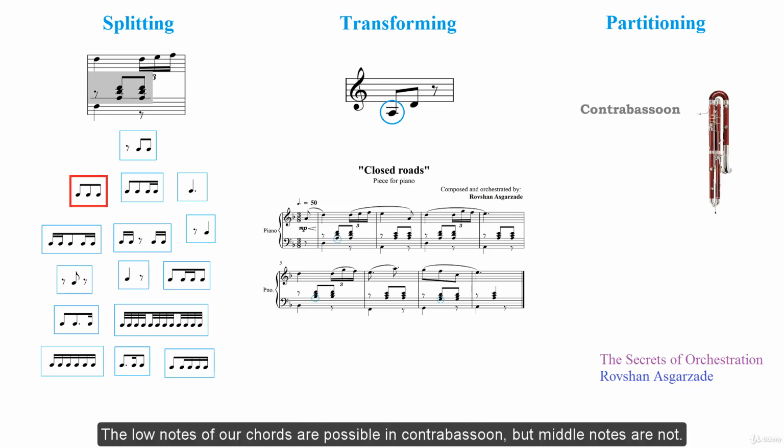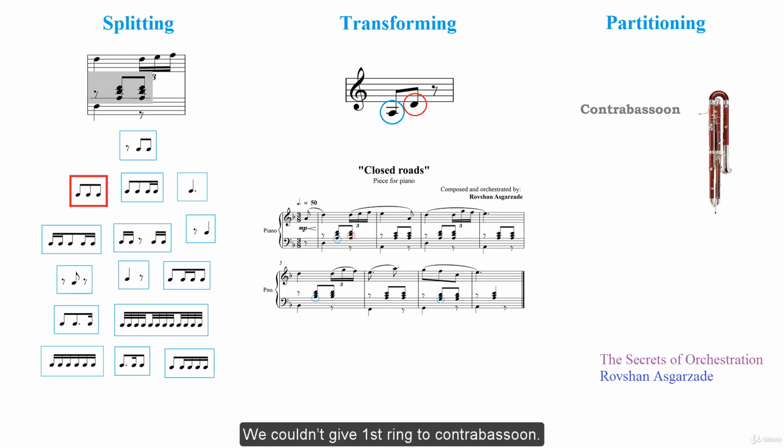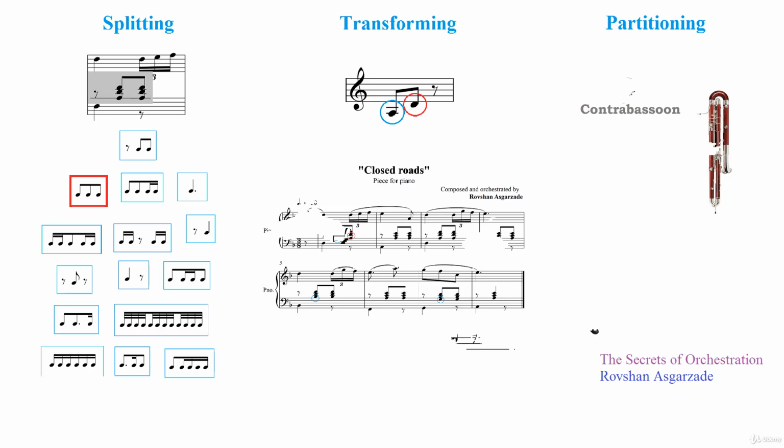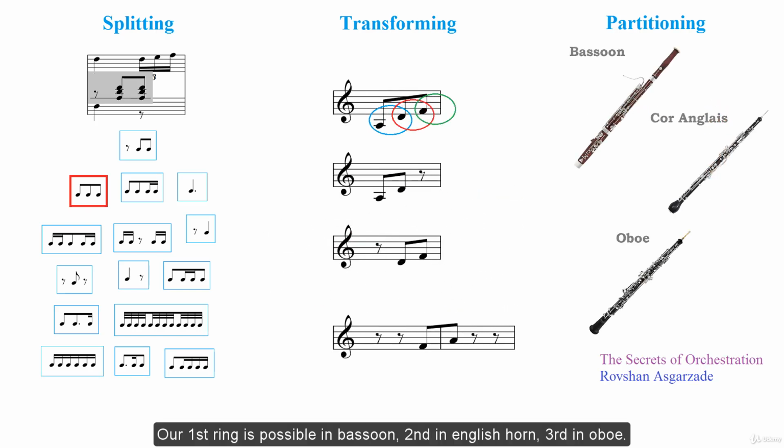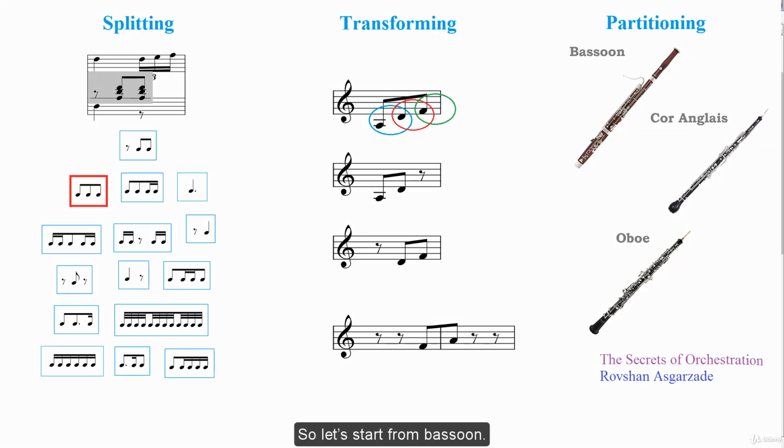The low notes of our chords are possible in contrabassoon, but the middle notes are not. We couldn't give the first ring to contrabassoon. Our first ring is possible in bassoon, second in English horn, third in oboe. So let's start from bassoon.